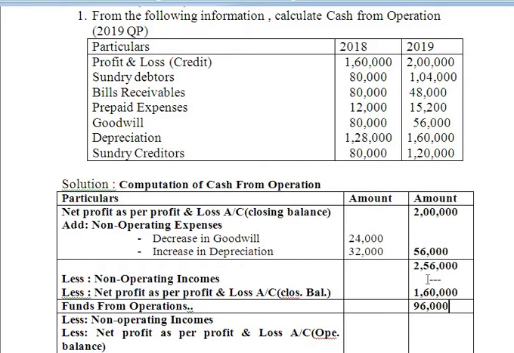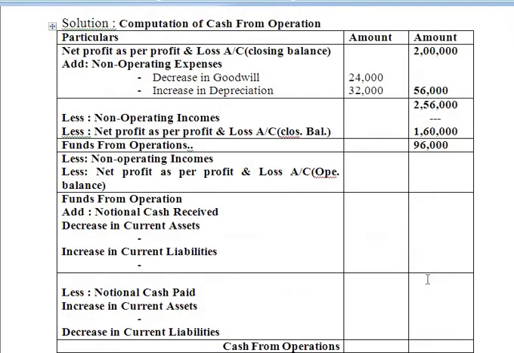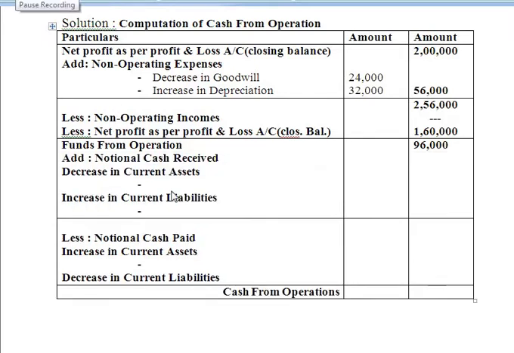After this, our actual calculation of cash from operations will start. In this funds from operations we have to add notional cash received. So in the next line write add notional cash received.